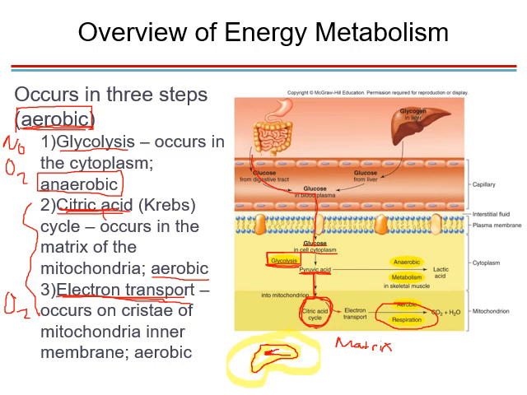But you can see if oxygen is not available, we're stuck in just doing glycolysis. And we're going to see that from an ATP production standpoint, this is not very lucrative. To get the full benefits of breaking down glucose, we want to have oxygen available.